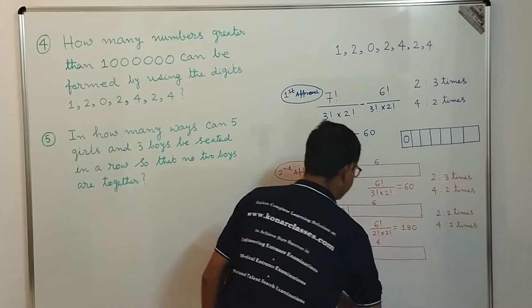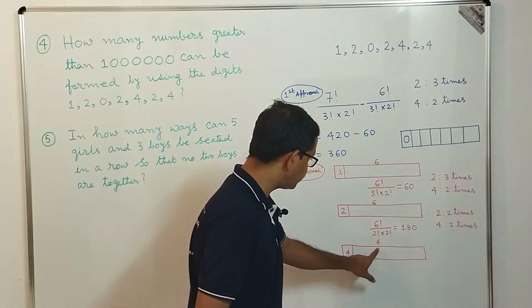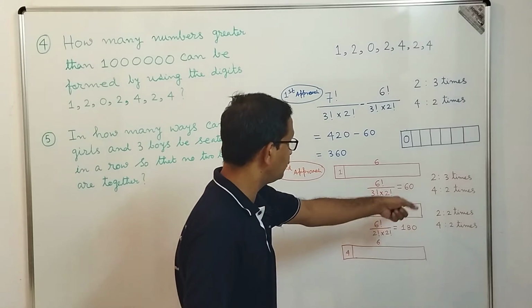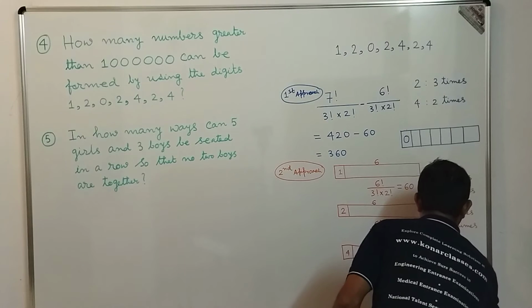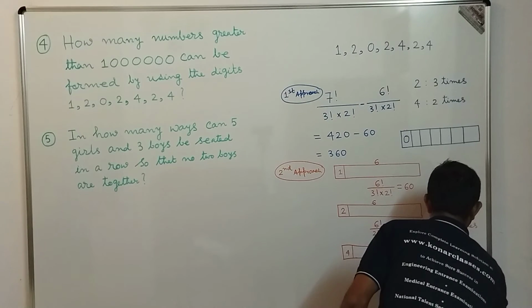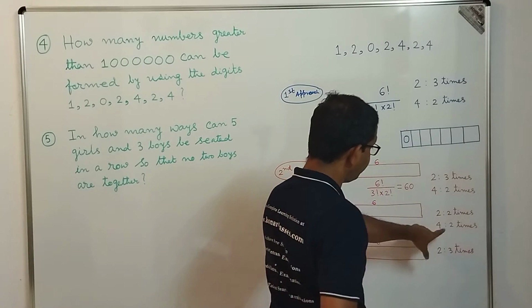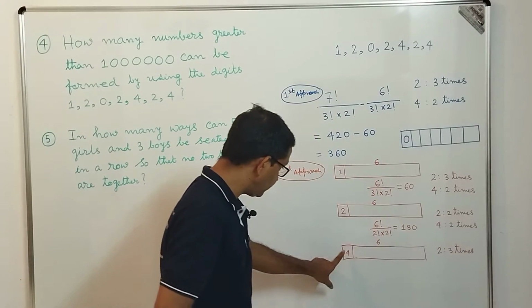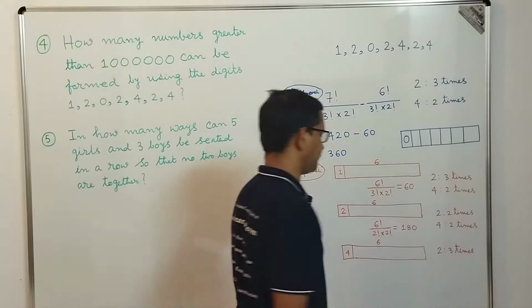Now out of these 6 objects we see 2 appeared 3 times, correct? So the digit 2 appeared 3 times, and the digit 4 appeared only once, because 4 is already fixed here. So that means that 4 we should not consider actually.